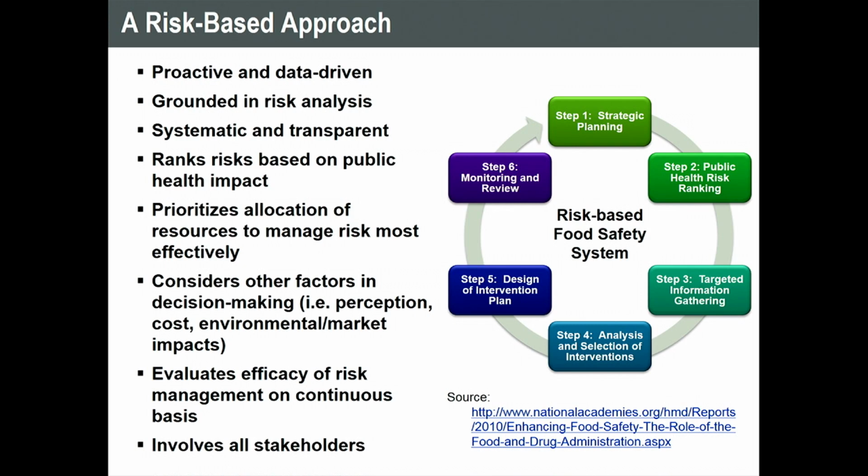A system that is systematic and transparent, ranks risks based on public health impact, prioritizes the allocation of resources so that it can most effectively mitigate risk, and considers other factors in the decision-making process in a transparent way, and then involves all stakeholders in the process. And so this is what we define to be a risk-based system, and this is the definition that I am using in this project.